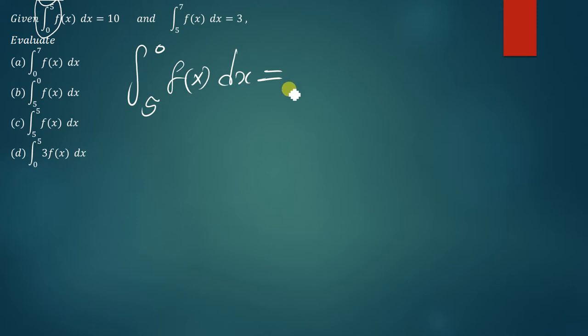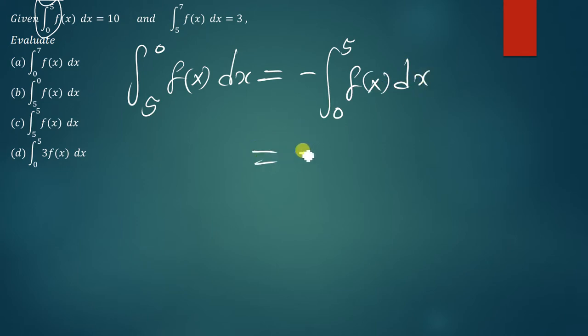Remember what I said: if you switch the limits, you simply add a negative outside. So this is the same as the negative integral from 5 to 0 of f of x dx. We simply put a negative in front of 10, and that's the solution.